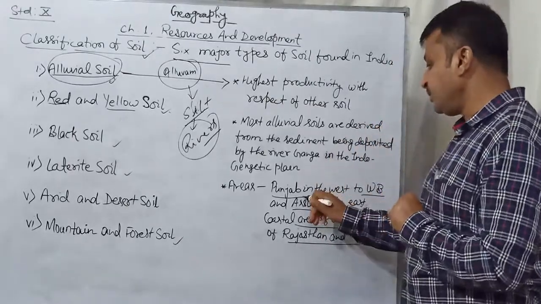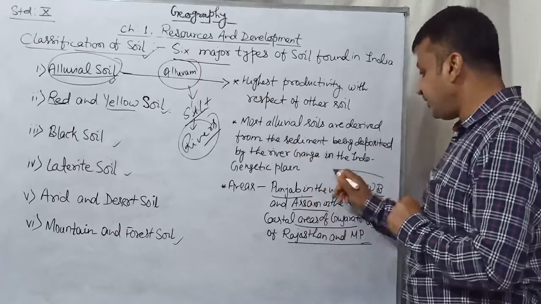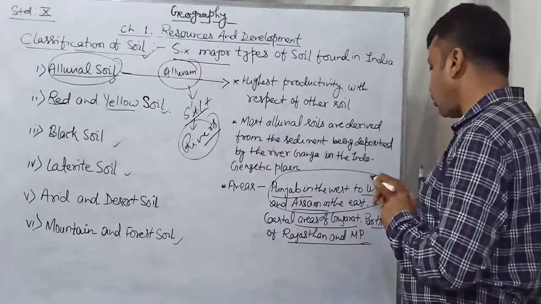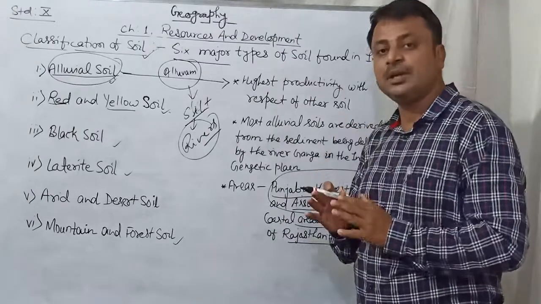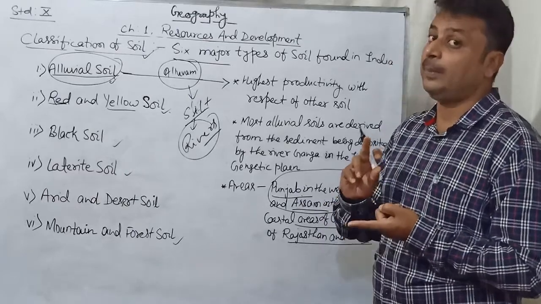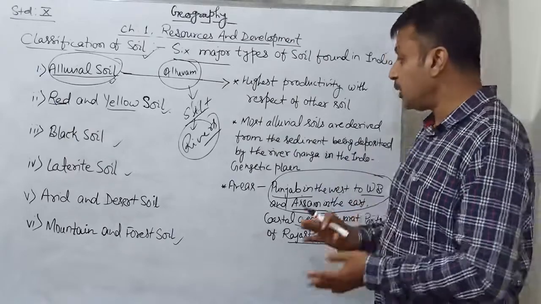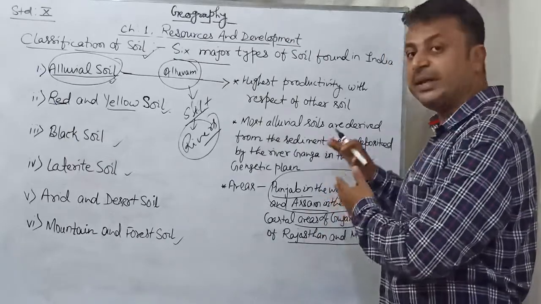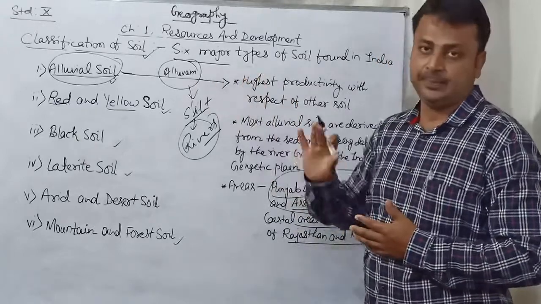Remember what I have written? Punjab in the west to West Bengal and Assam in the east. This is a stretch from Punjab to Assam. It means in between there are parts of Haryana, parts of Uttar Pradesh, and Bihar is also a part of that particular plain, the northern plains. It is also called the northern plains of India.